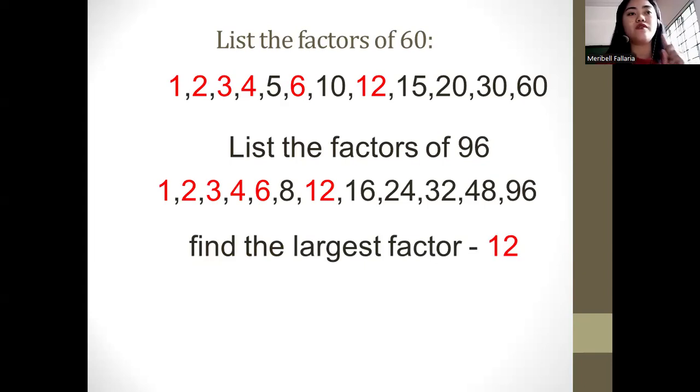These are the factors of 96. Just like in 60, if we divide these into 96, there is no remainder. Next step, we find the largest common factor. As you can see, the largest common factor here is 12.